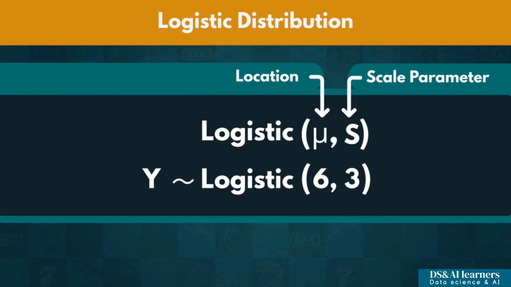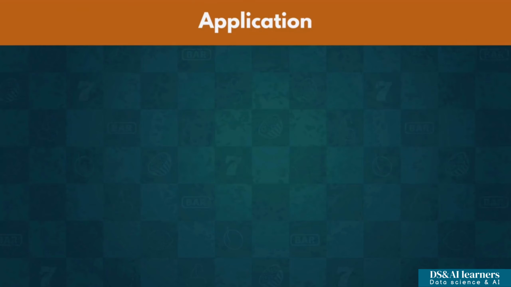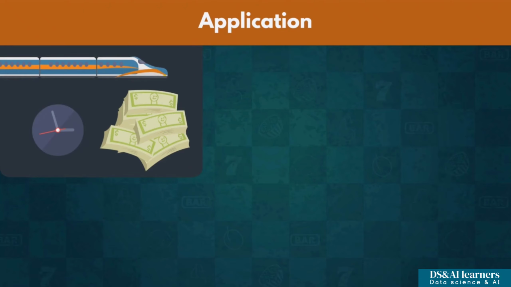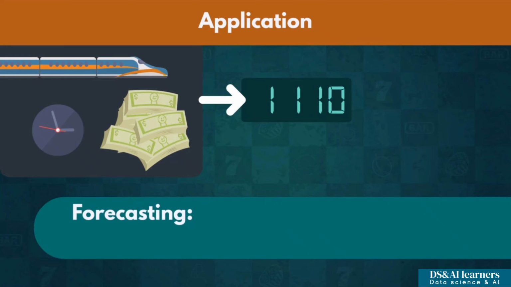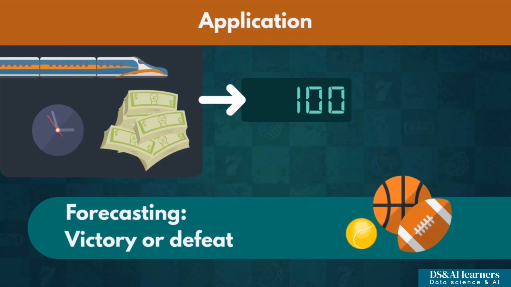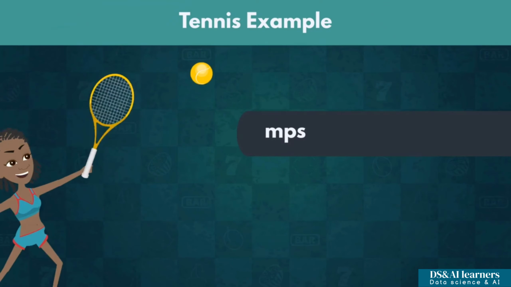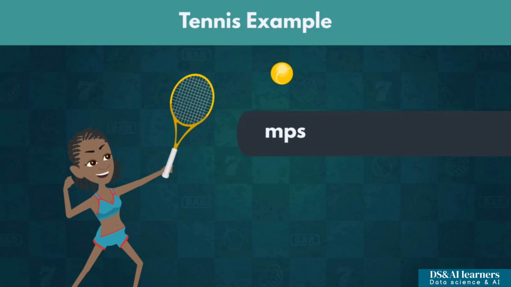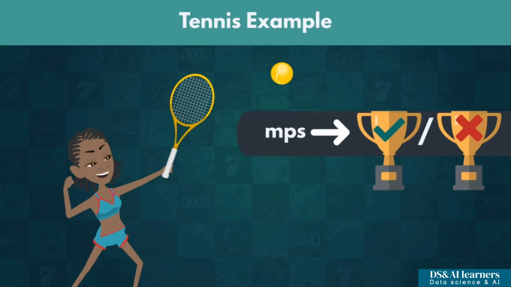All right. We often encounter logistic distributions when trying to determine how continuous variable inputs can affect the probability of a binary outcome. This approach is commonly found in forecasting competitive sports events, where there exist only two clear outcomes, victory or defeat. For instance, we can analyze whether the average speed of a tennis player's serve plays a crucial role in the outcome of the match.